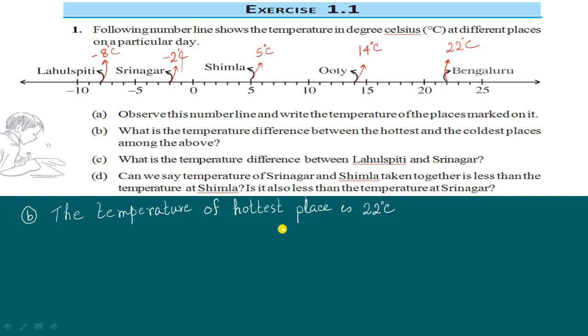That means the temperature of Bengaluru, right? The temperature of the hottest place is 22 degrees centigrade, that is at Bengaluru.